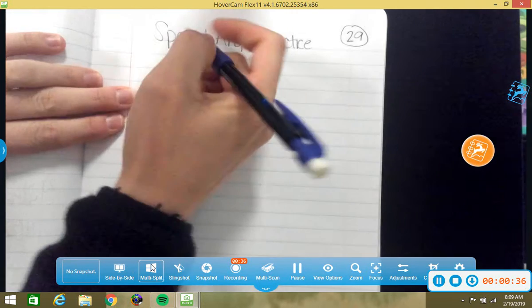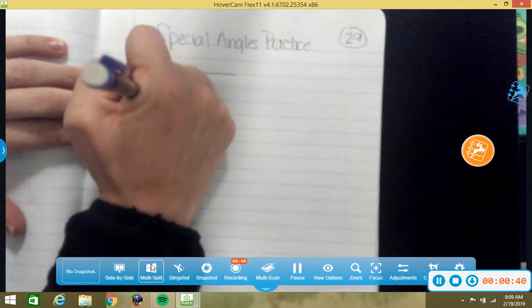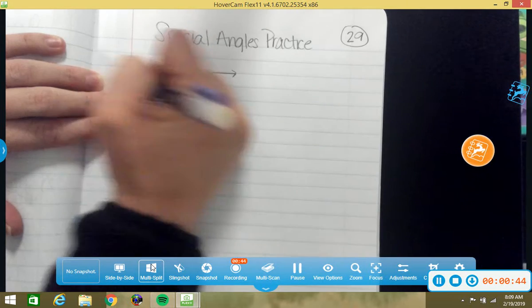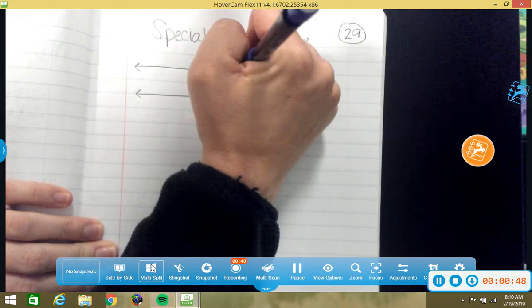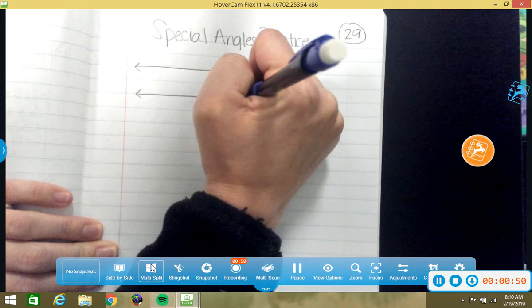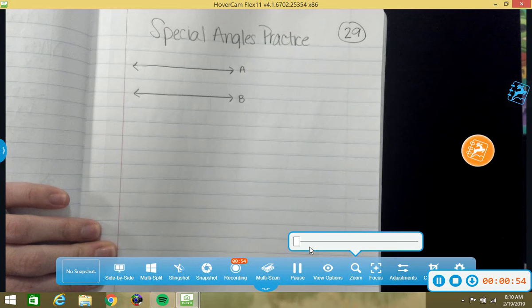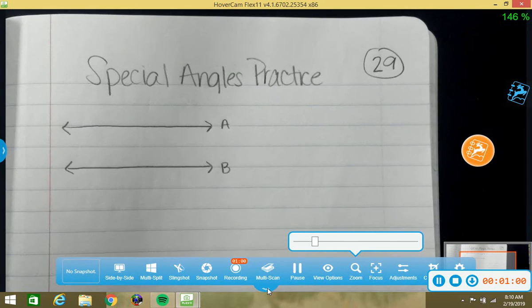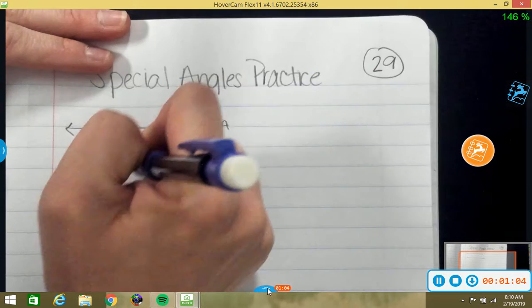We're going to start by drawing two parallel lines. We're going to label these lines A and B. And it's going to have a transversal cutting through the center of it.